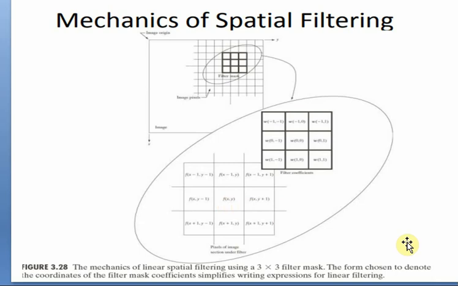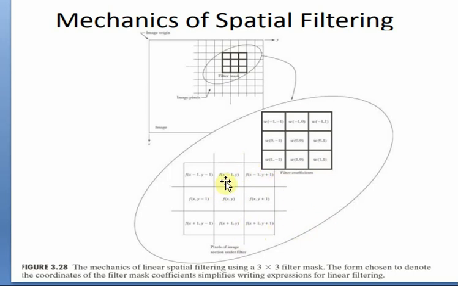Now if I place these filter coefficients at the next location of x comma y, the center pixel of this mask is coincident with this pixel, and at this position we consider the 8 neighbor pixels, from f of x minus 1 comma y to f of x plus 2 comma y plus 2, like that.